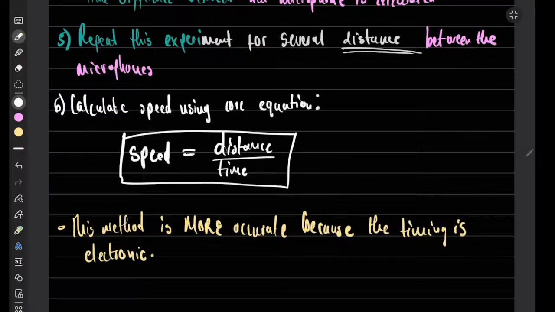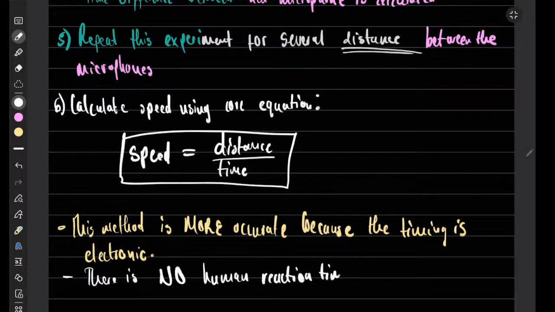That is the reason why this is a better method. There is no human reaction time in the time values. Are we together?